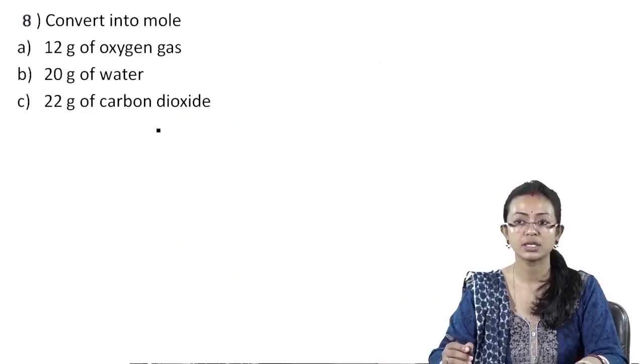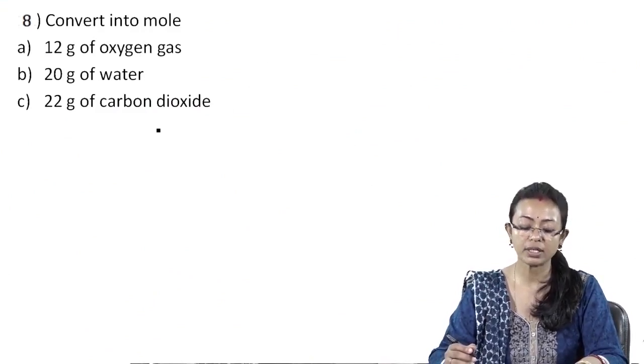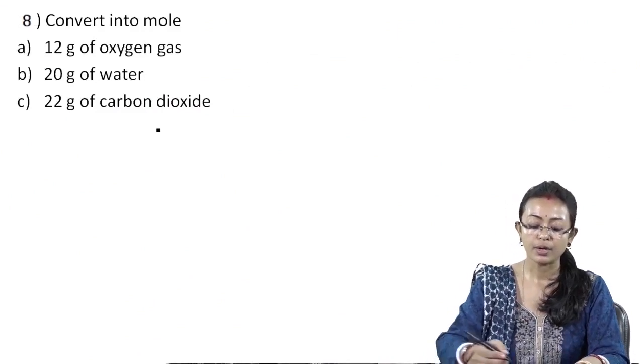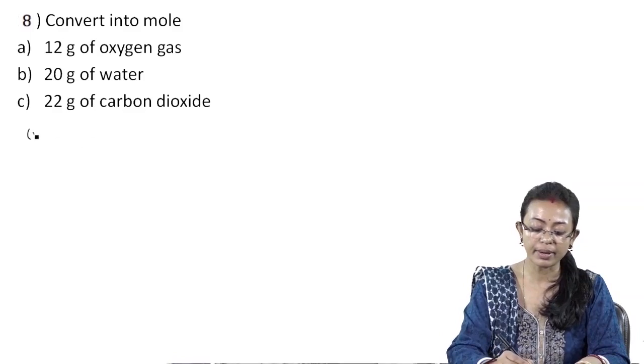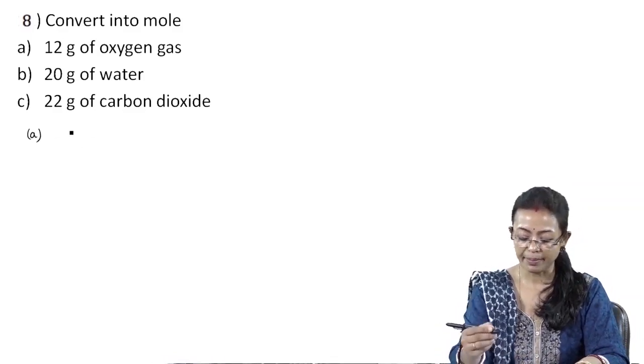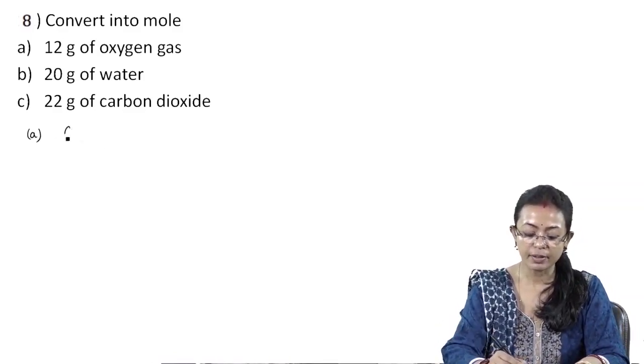Alright. Now let's go to the next question. Let us convert it into mole. Now how do we make the conversion into the mole? We know that for number A, 12 gram, what is the given mass?